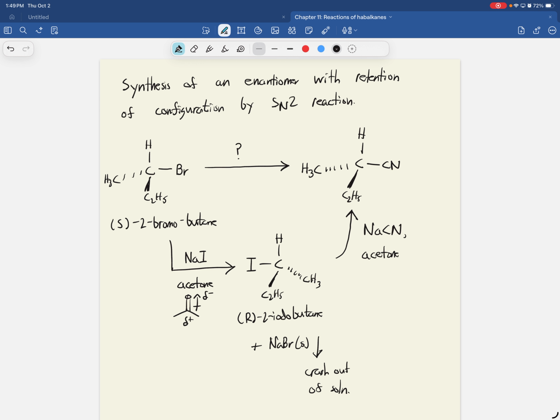The reason we don't use water is that most of these organic parts won't be soluble in water, and sometimes water can interfere with your nucleophile, which we'll talk about.